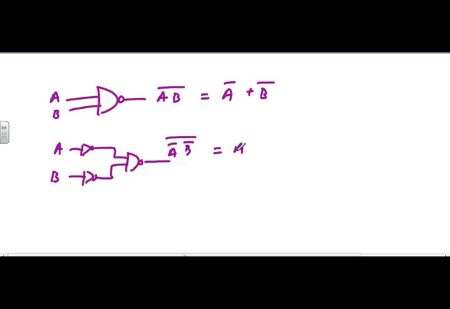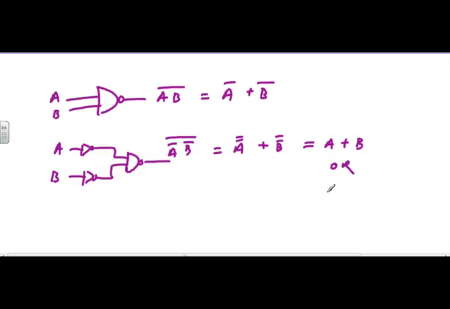I'm going to have A double knot or B double knot. I've got A or B, and that's how we get the universal gate. So now we invert the inputs to a NAND, and we get an OR.